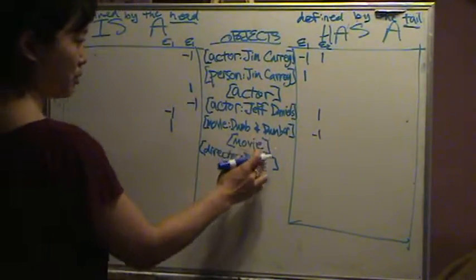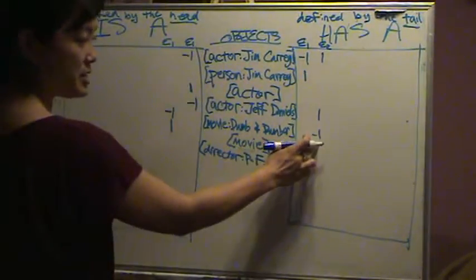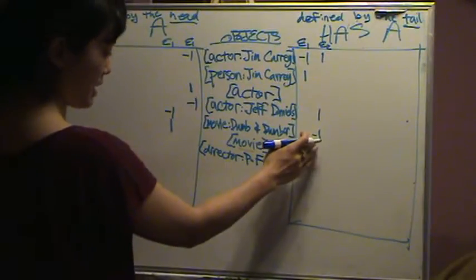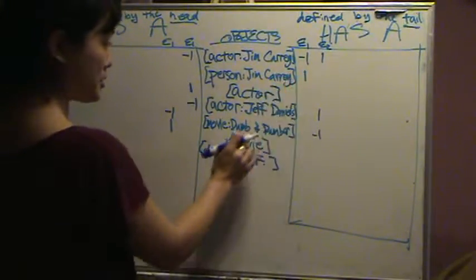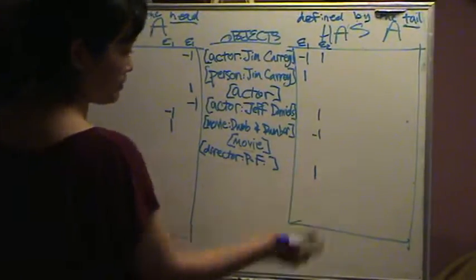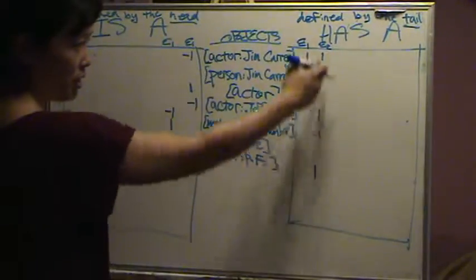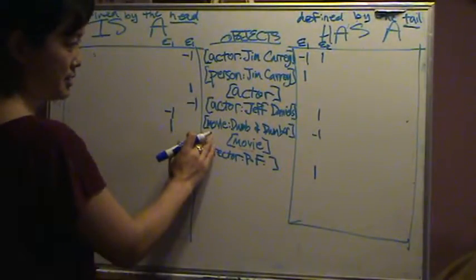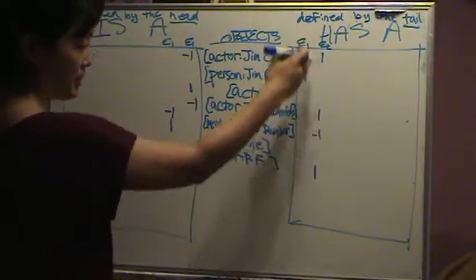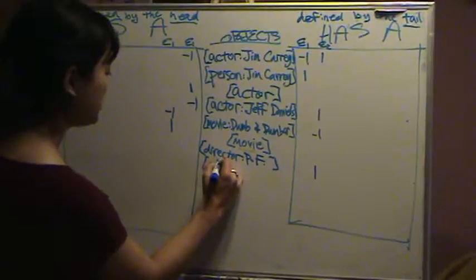And so the tail of this already exists, so we use this tail to show that movie Dumb and Dumber has a director, Peter Farley, right there. And so now, again, this edge shows all the property-value pair objects that movie Dumb and Dumber has.